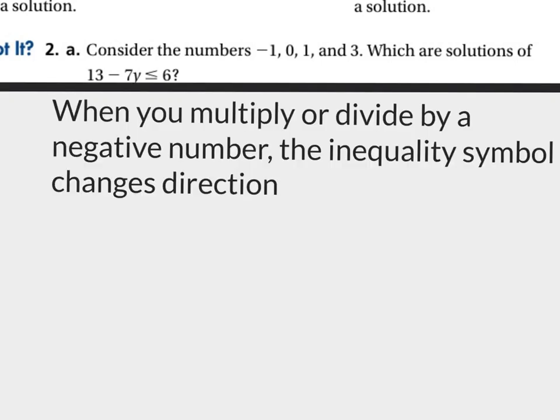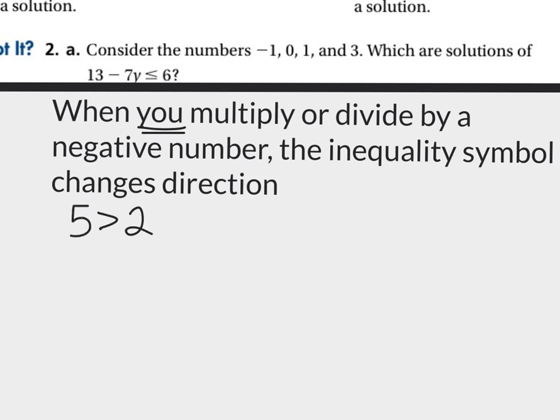When you multiply or divide by a negative number, the inequality symbol changes direction. We did this last year. Just a quick refresher for you on why this works rather than me just telling you that this is how it is.